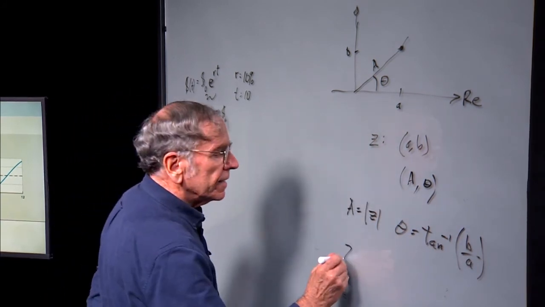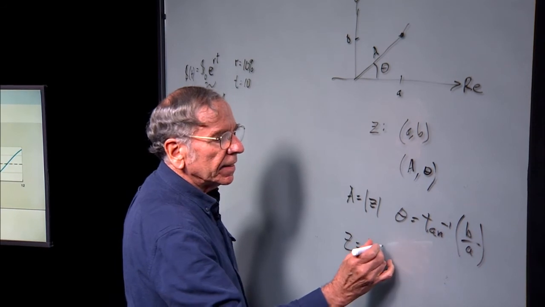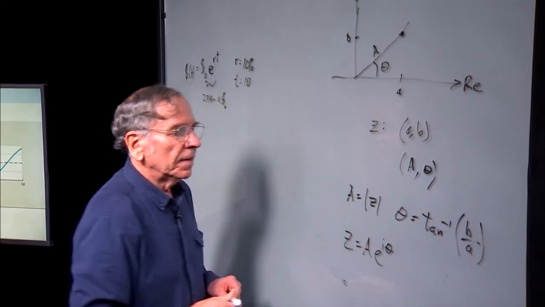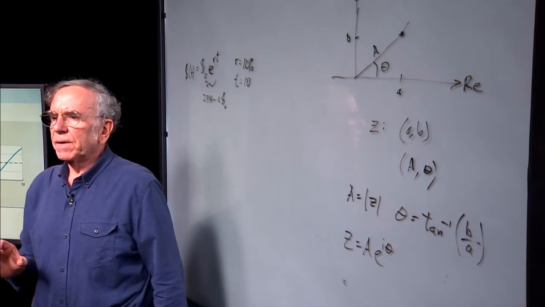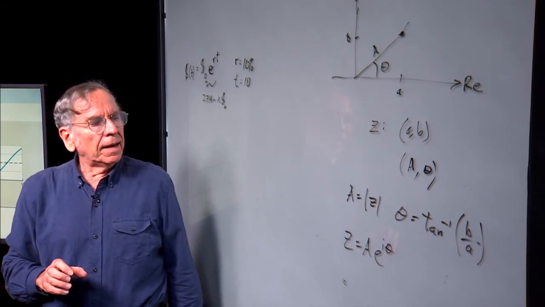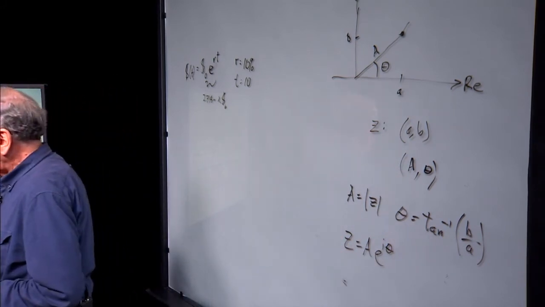And we can say that z is equal to the amplitude times e to the i theta. So here's a formal description of a complex number in polar coordinates, so to speak, as in magnitude and a phase.